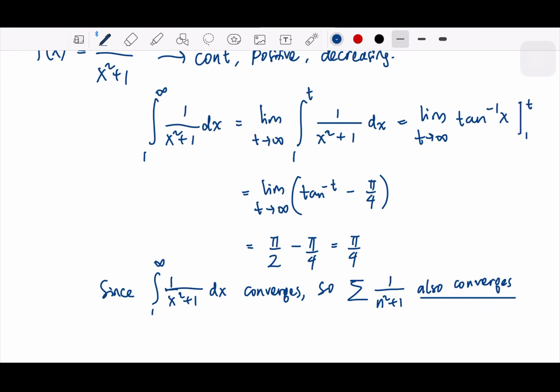And remember, pi over 4 is the result of the integral, not the result of the series. Different. But if we find that the improper integral converges, then we can conclude that the series converges.